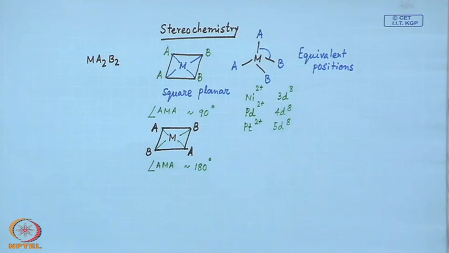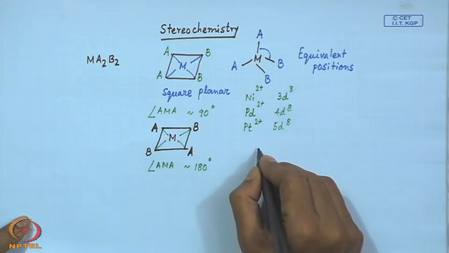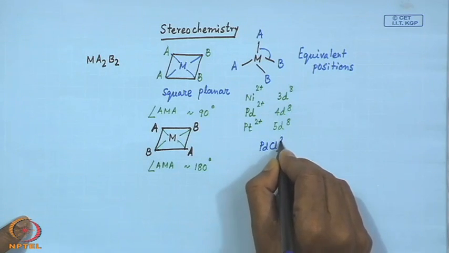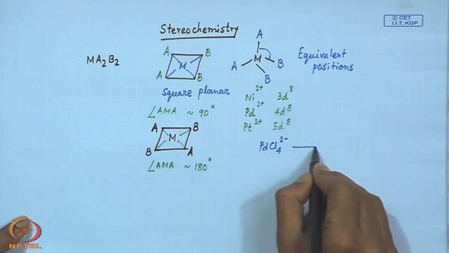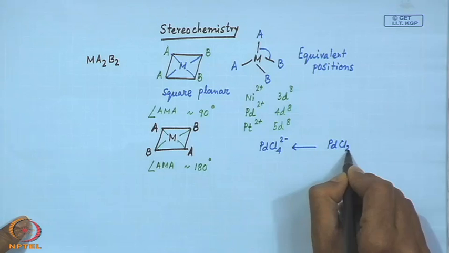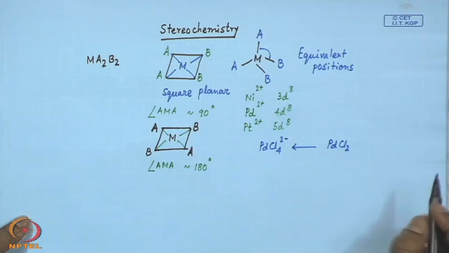So, initially we can have the corresponding PdCl4 2- compound, which can be prepared from simple palladium chloride, like nickel chloride.